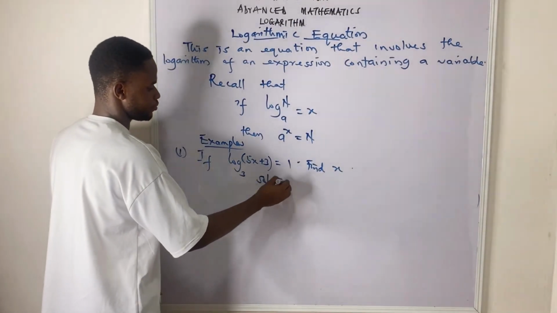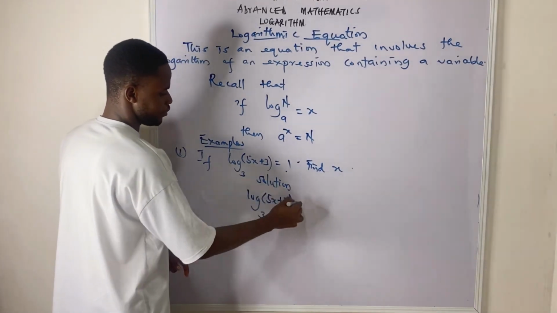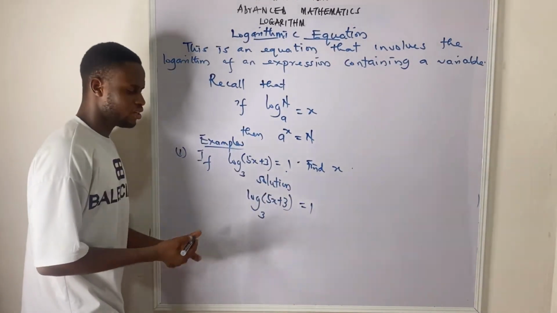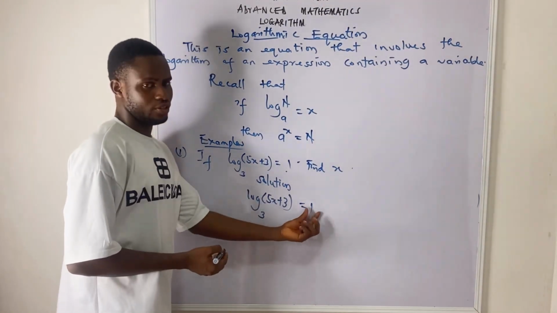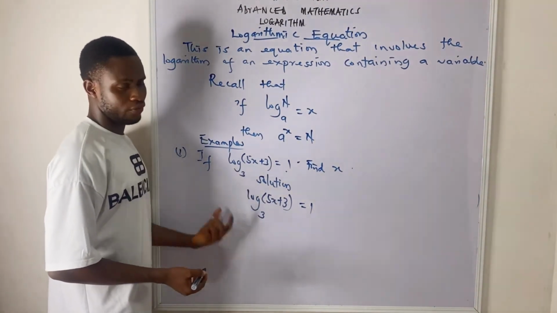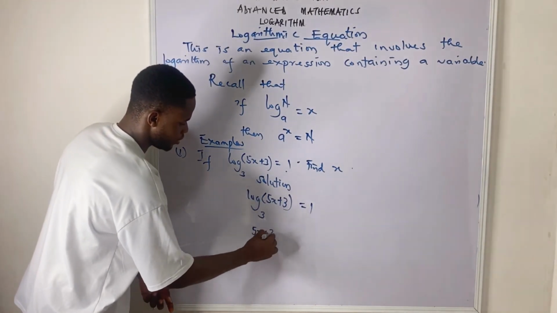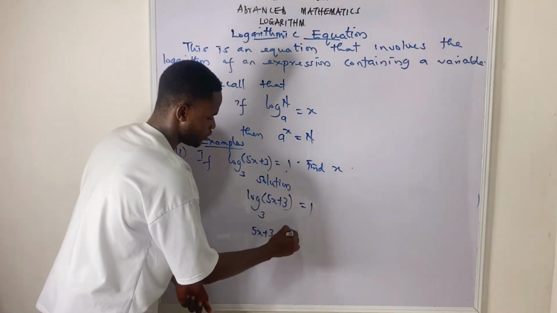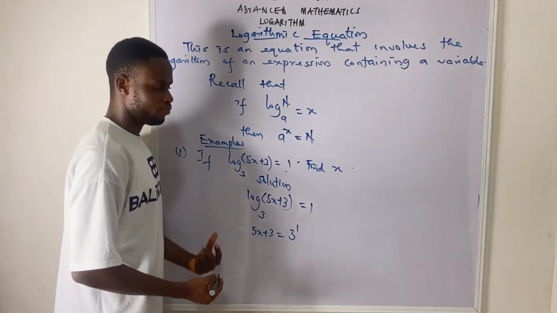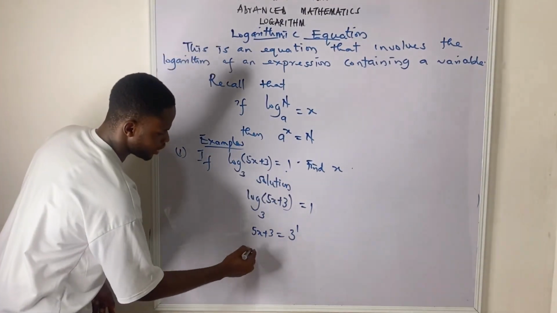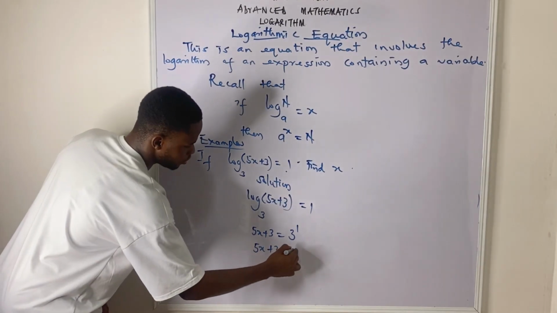Once you know what you are doing, simply apply the basic knowledge that the number is always equal to the base power the result. Very simple. Just from the derivation of logarithm, you can simplify this. So you can simply say 5x plus 3 is equal to 3 raised to power 1. No waste of time taking log of both sides. So with that knowledge, go straight. And what's 3 raised to power 1? 3. So we're having 5x plus 3 equals 3.